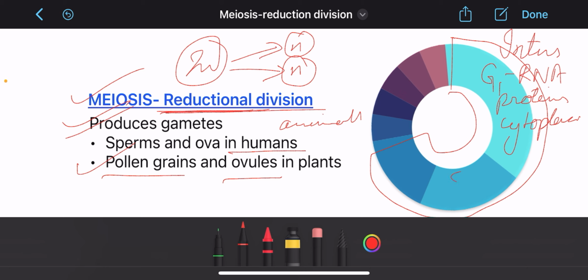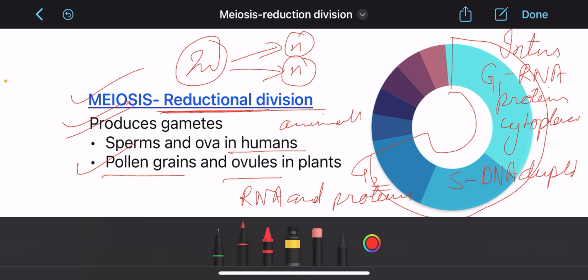The second part is the S phase, known as the synthesis phase. The DNA duplication takes place in this phase. And the third one is the G2 phase, in which the synthesis of RNA and proteins takes place.